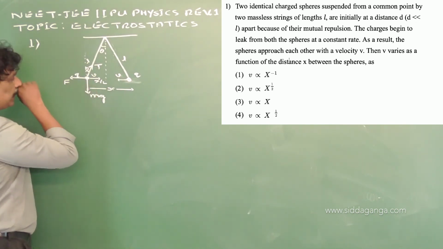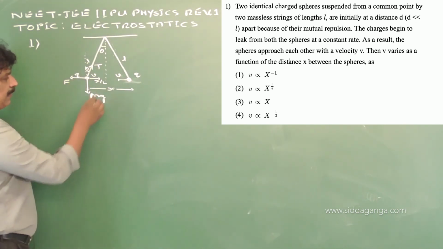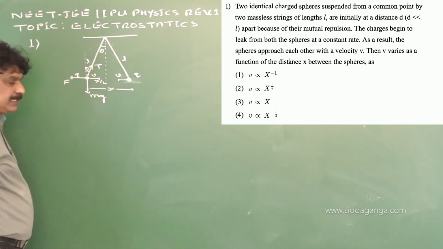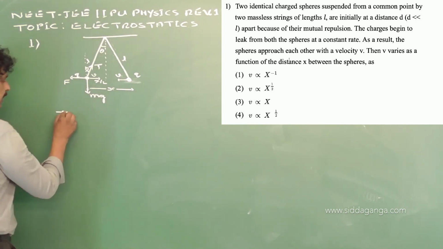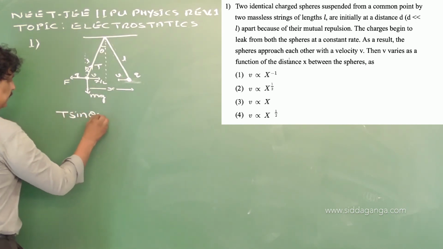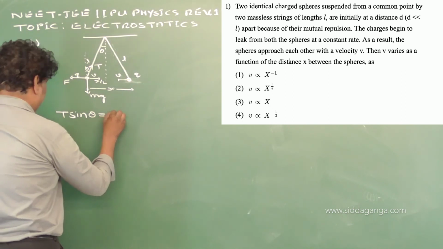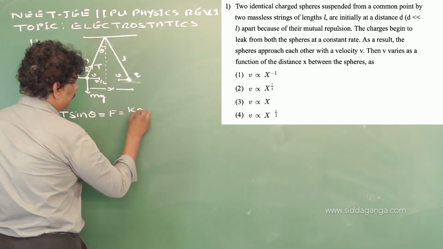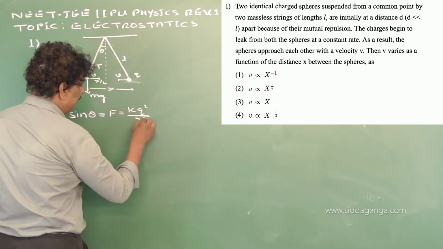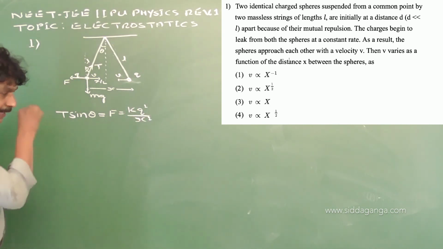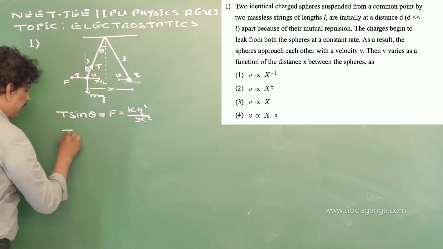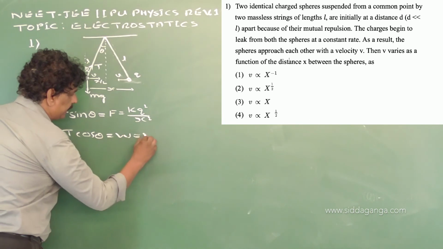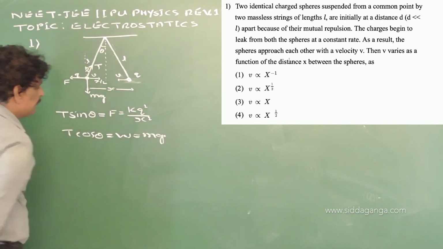One component, T sin theta, balances the force, that is equal to k q square by x square, where k is constant. The other component, T cos theta, balances the weight, that is equal to mg.